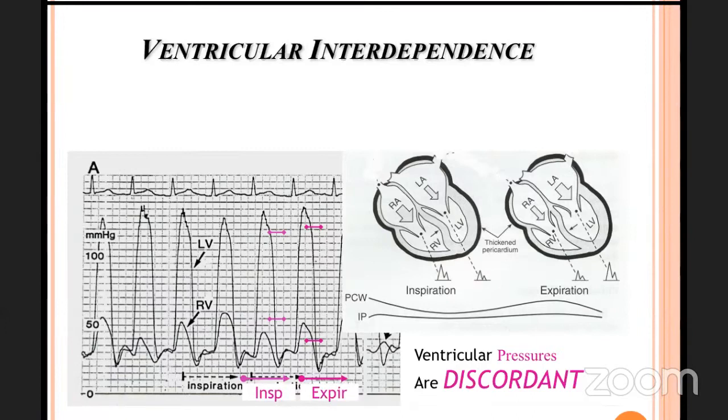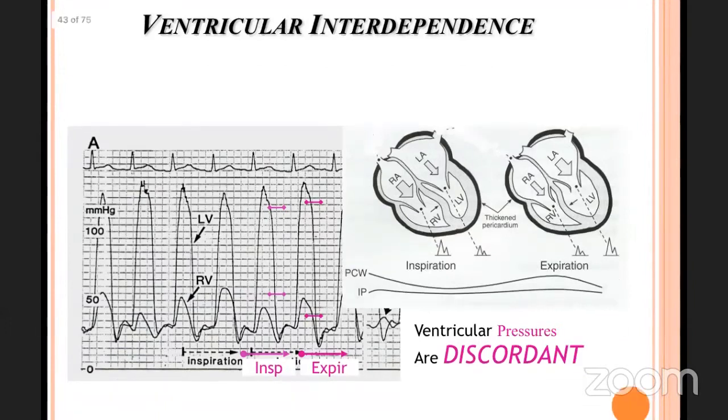It is for this reason that during inspiration, the right ventricular pressure increases and the left ventricular pressure falls, because the septum is moved towards the left side, causing less filling of the left ventricle. So it is this discordant pattern of the pressures in response to respiration that is the classical hallmark of constrictive pericarditis, and it does not occur in patients with restrictive cardiomyopathy.